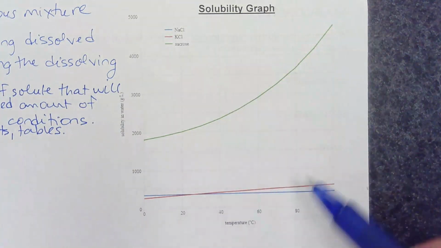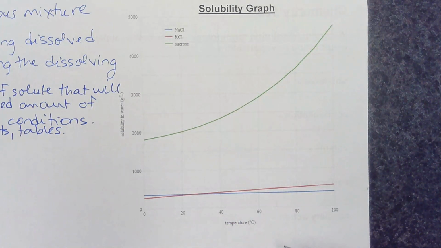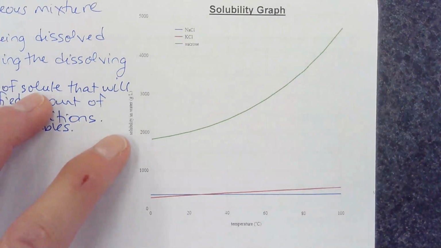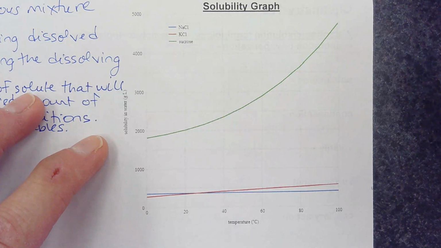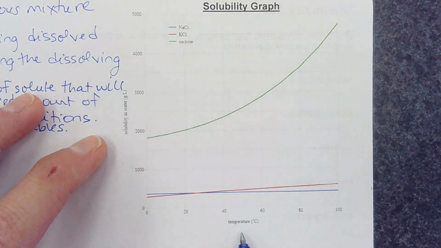That means each of these lines represents those substances. On the left-hand side, and I know this is small, that's why I zoomed it in, it says solubility in water, grams per liter. That means the number of grams dissolved per liter of water. On the bottom, it says temperature in degrees Celsius.